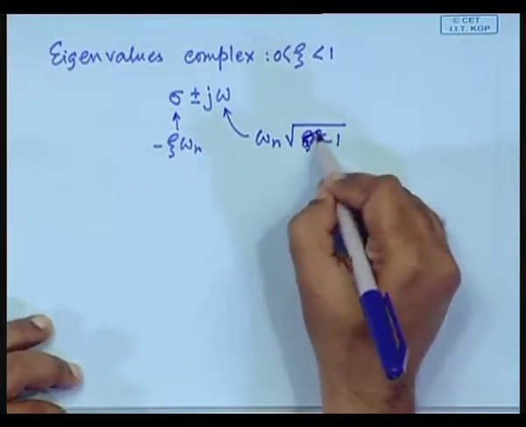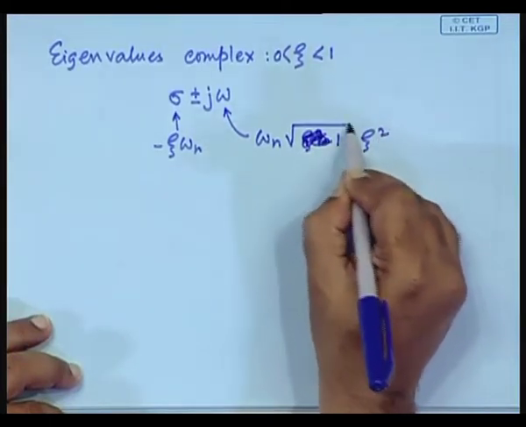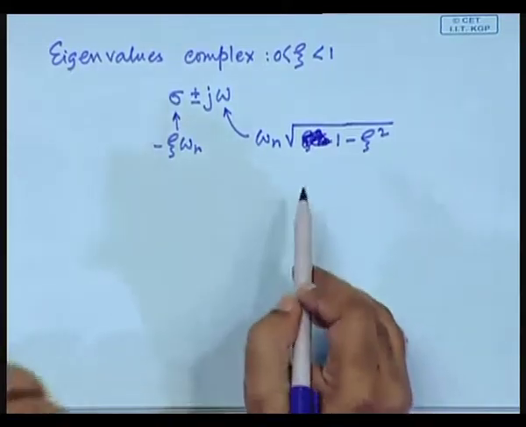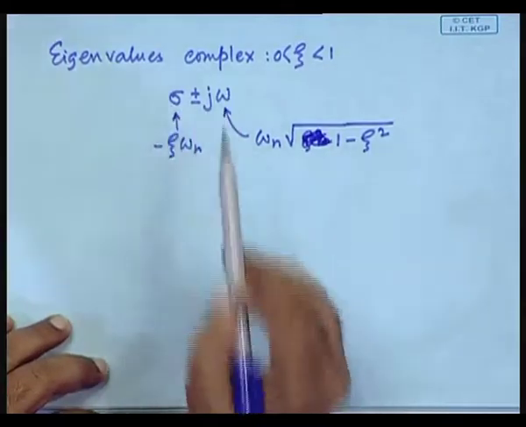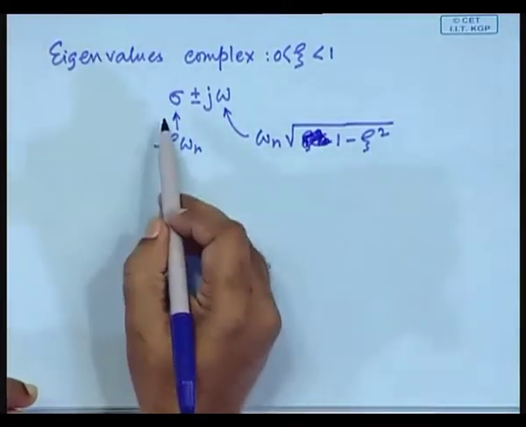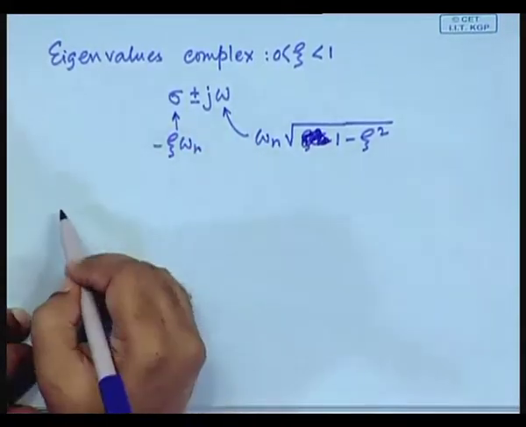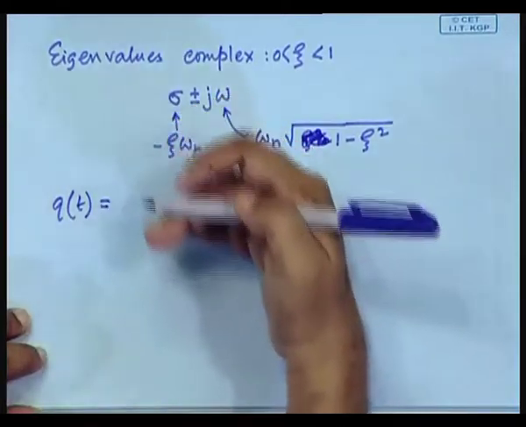Sorry, 1 minus zeta square, because you have to get a negative out of it, fine. So, these two are the zeta and the sigma and omega. So, in that term now we can write it yourself. In that case the solution is q t. I am not illustrating the whole thing. Why?